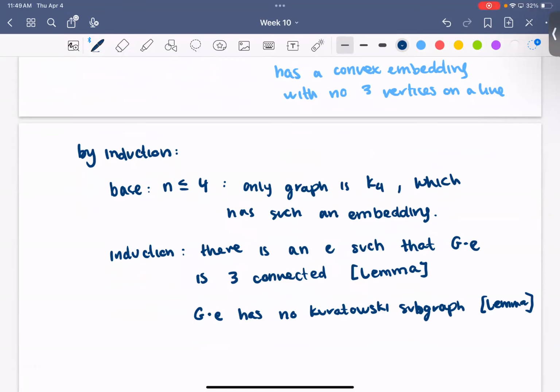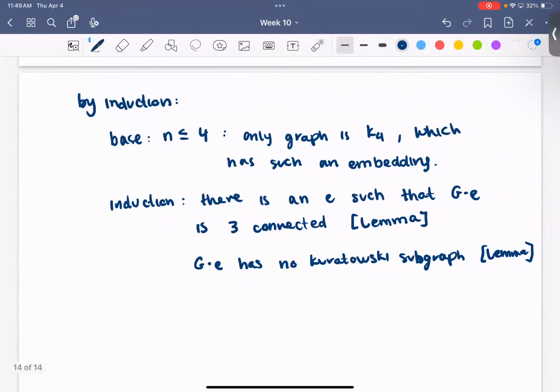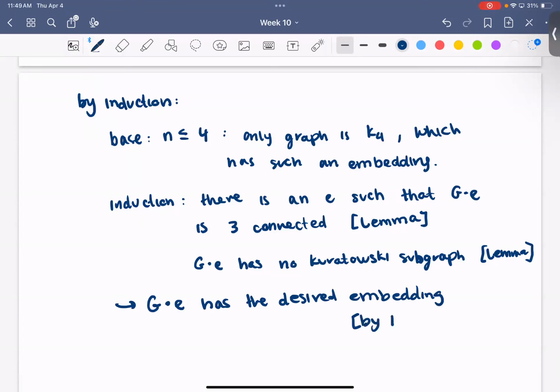And then by the inductive hypothesis, we get a convex embedding of G contract e with no 3 vertices lying on a line. So G contract e has the desired embedding.